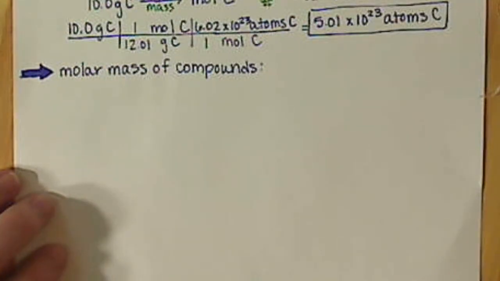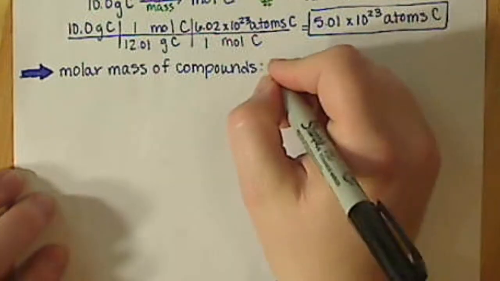Basically what we're going to do here is sum all of the individual molar masses for all of the atoms that we have in the compound.